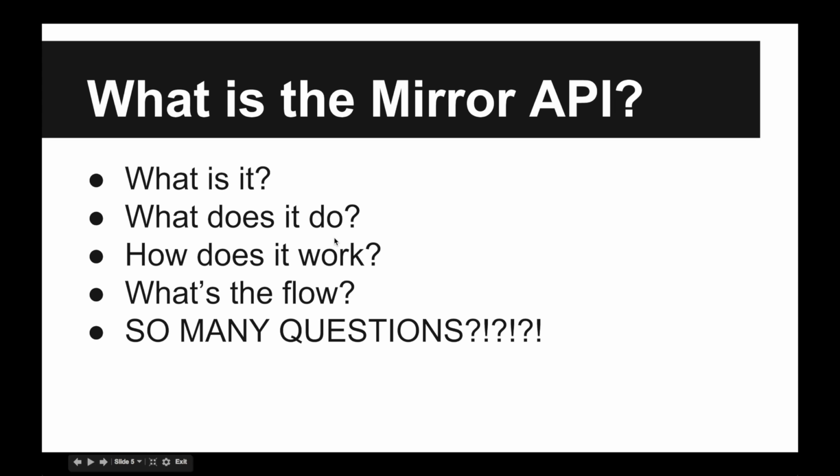To answer the first question, there are two ways of creating Glassware, and the Mirror API is just one of those two ways. The other option is using the GDK. Mirror is a REST-based API, whereas GDK is client-side on Glass, very similar to Android. As a rule of thumb, you should use Mirror if you can.